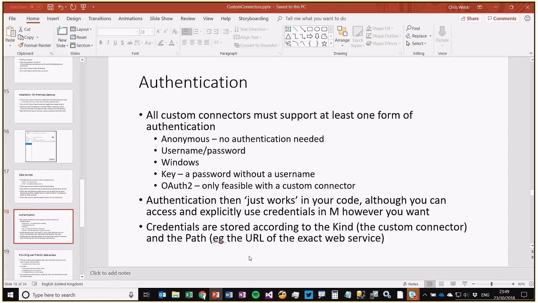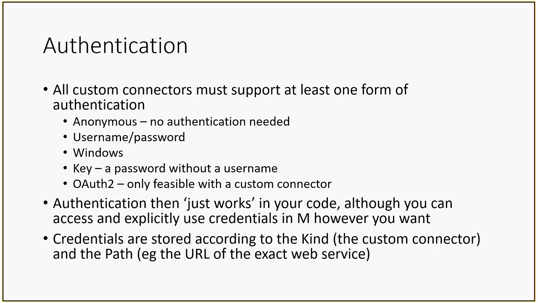One of the things I've learned about OAuth 2 since I've been writing custom connectors is that nobody's implementation of OAuth 2 is the same as anybody else's. So you've got a lot of flexibility there. And all of the credentials that you pass in are going to be stored in Power Query's own secure credentials store.